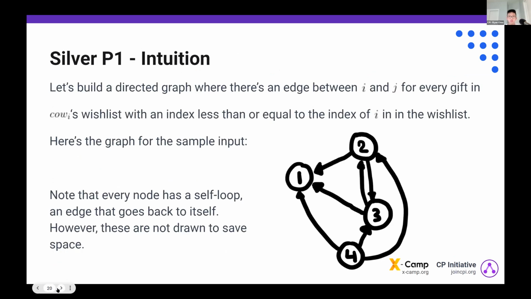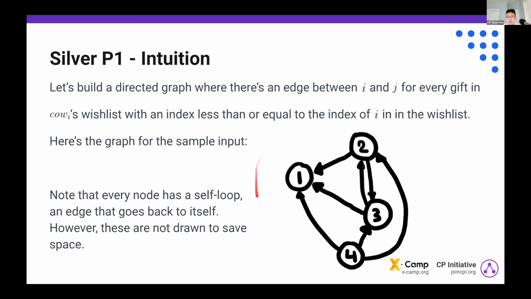Okay, so we can build a directed graph where there's an edge between i and j for every gift in cow i's wish list with an index less than or equal to i in the wish list. The reason we can ignore everything after i is because it will never create a correct rearrangement, so we really don't care about that.